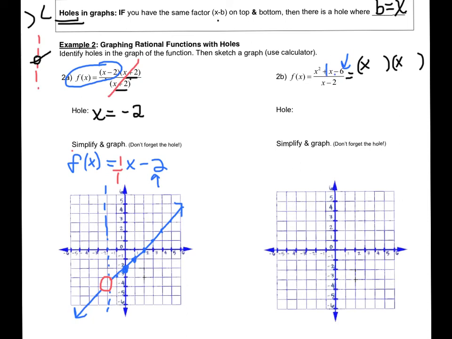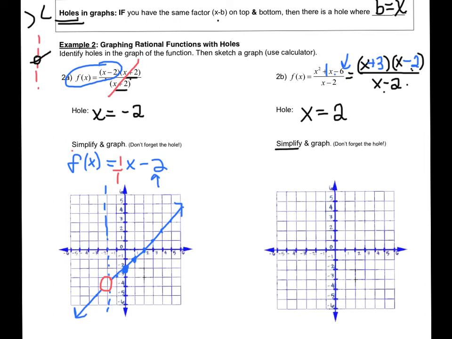So the factors of 6 that subtract to get 1 would be 3 and negative 2. So that's what we have on top. And on bottom, we have x minus 2. So now we see, oh look, we have the same factor on top and bottom. There will be a hole at x equals positive 2. We solved the bottom for x. That's where the hole will be.